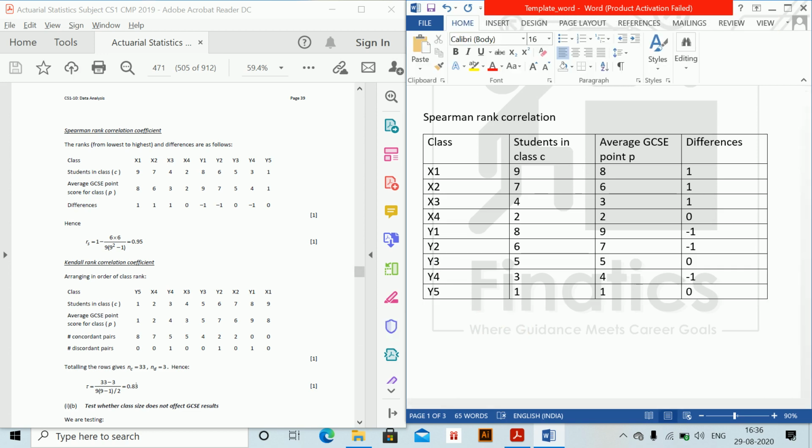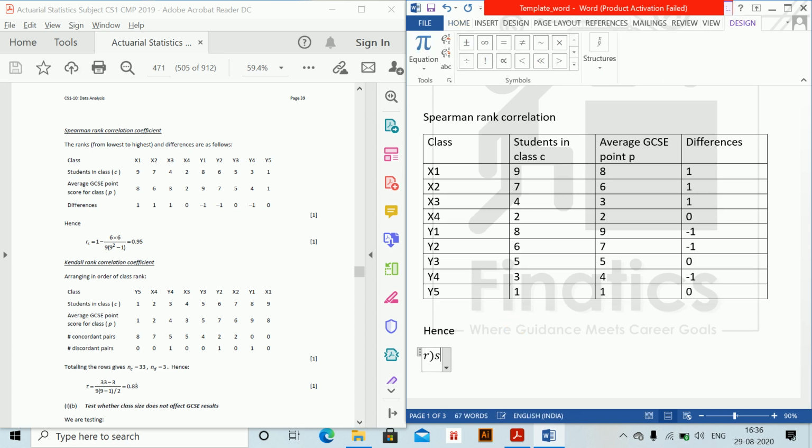I'm just copying, that is why it took some time, but when you have your question paper you can directly do it. So r underscore s is equal to 1 minus 6 into 6 divided by 9 into 9 square minus 1, which is equal to 0.95.